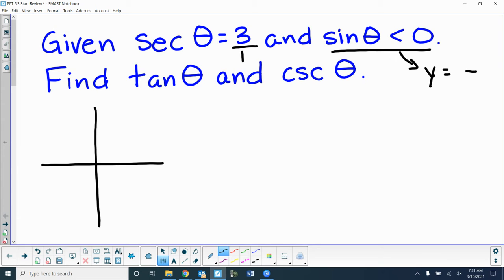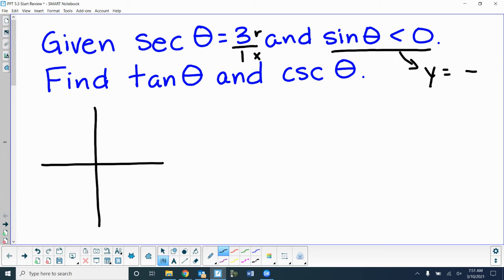So secant is the reciprocal of cosine, right? And it's positive, and the y has to be negative. Cosine is x over r, so secant is r over x. So where should I put this?